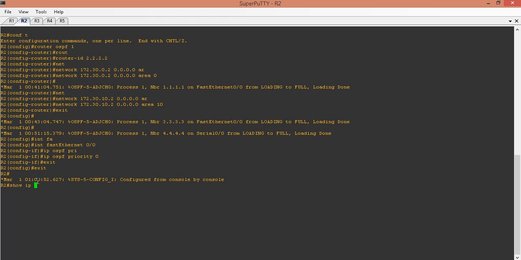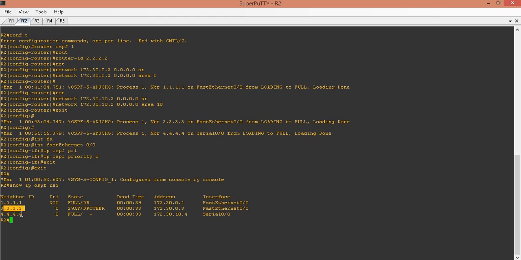So show ip ospf neighbor. When we implement that command on router 2, we see the neighbors: router 1, router 3, and router 4. Remember, router 4 is in the point-to-point network, so there is no DR/BDR concept there.